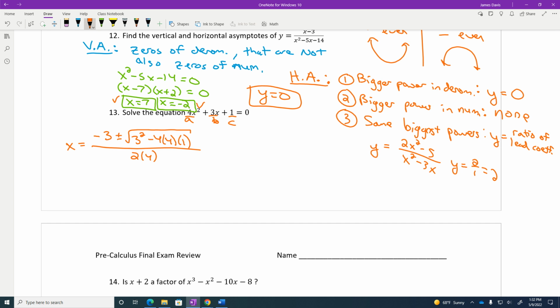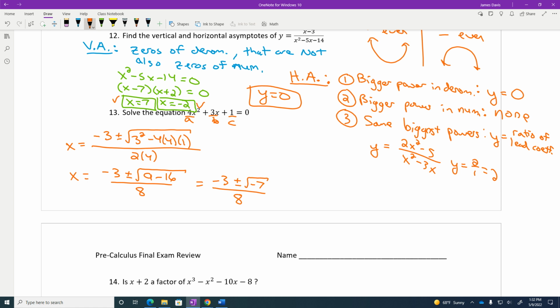And then just go through and simplify this. -3 plus or minus the square root of 9 minus 16 over 8. Simplify it some more. We get -3 plus or minus the square root of -7 over 8.